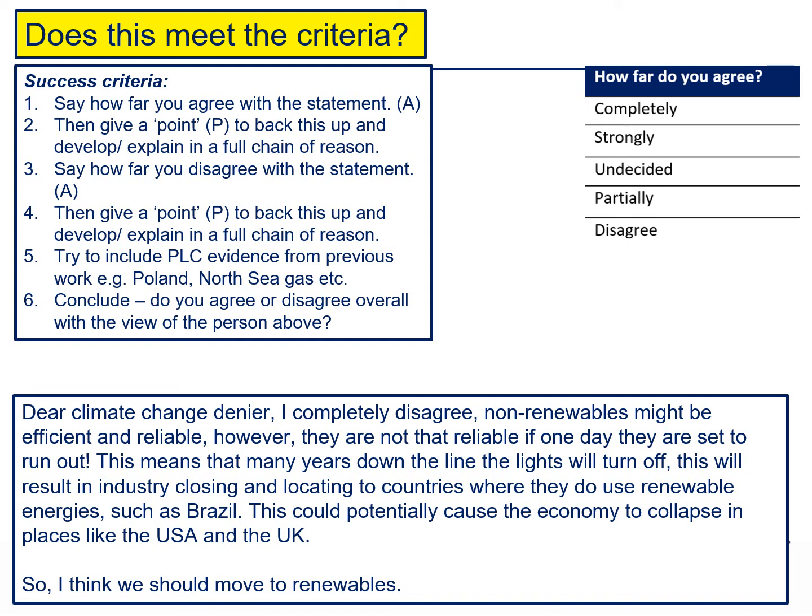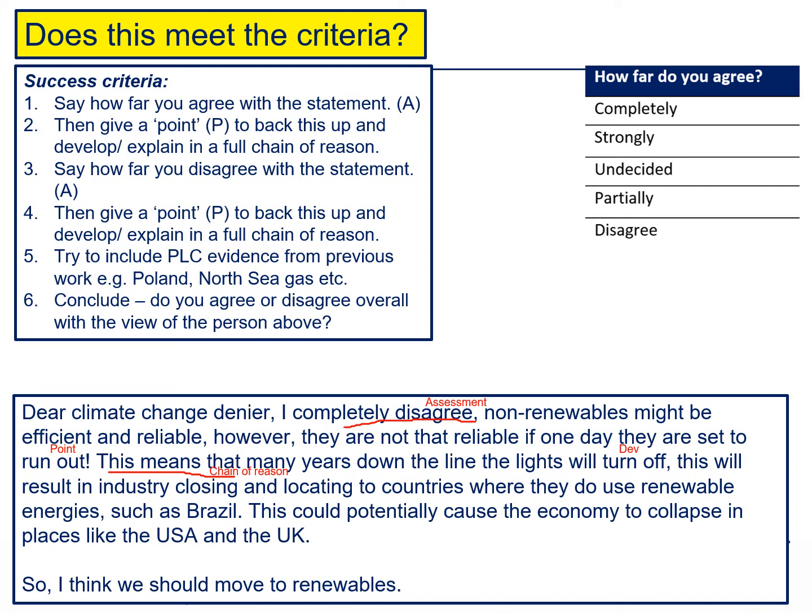Now hopefully you can see straight away that this doesn't meet the criteria, but let's have a look. Yes, they've made an assessment. They've put a point there about them running out. They've developed it. This means that. That is the development starter there. They've used a chain of reason.